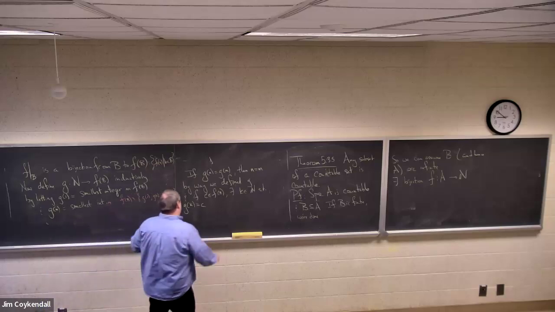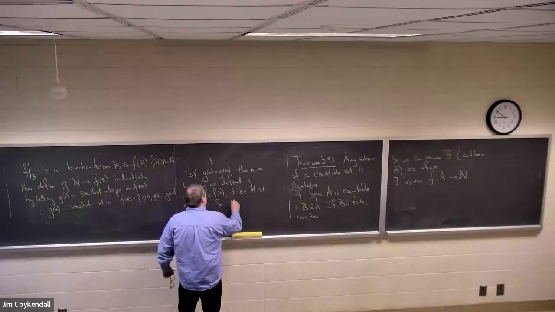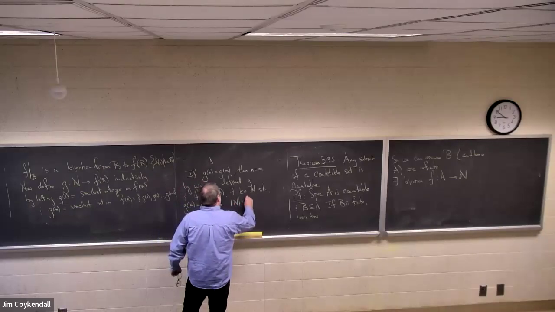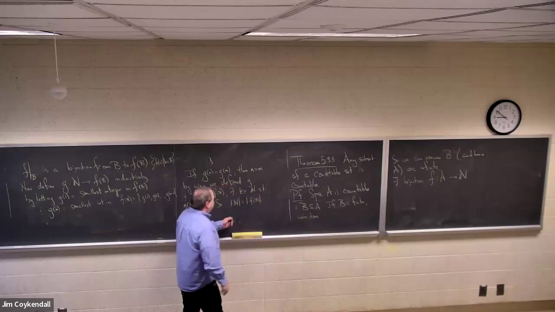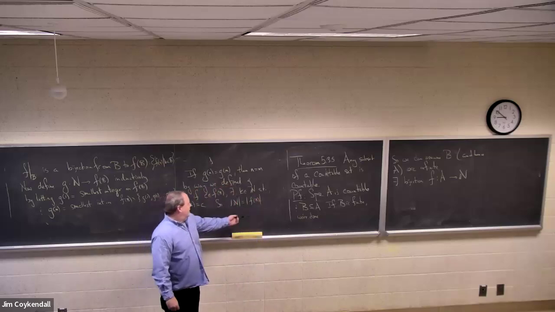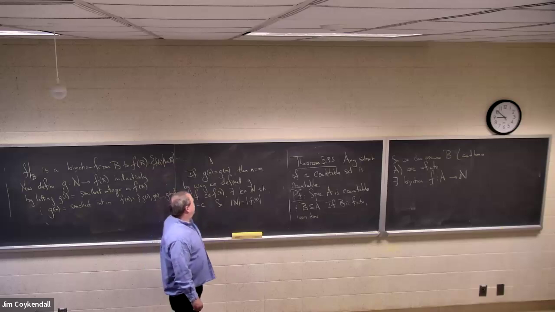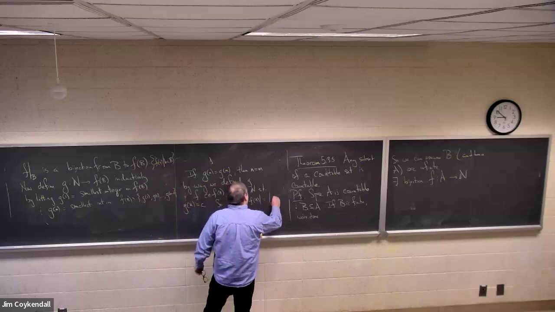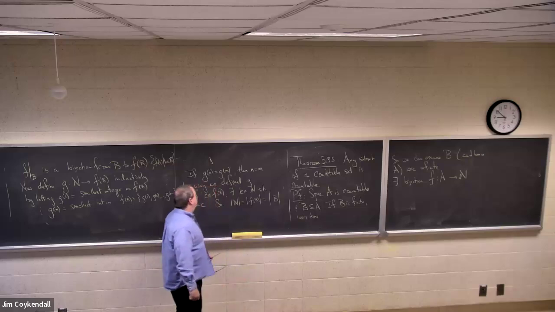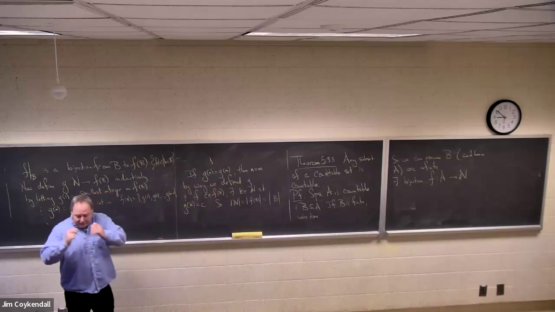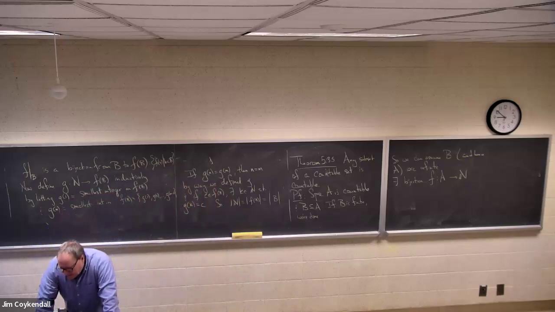So this shows the natural numbers are in one-to-one correspondence with F of B. And this is in one-to-one correspondence with B because F is a bijection on that.